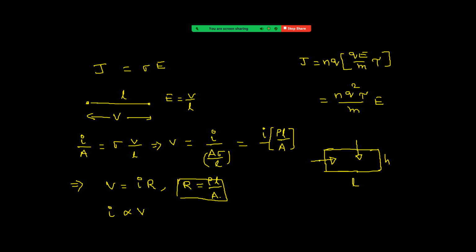In this, if current flows from left to right, this is L and this is the cross section area, which becomes B into H, right? If current flows from top to bottom like this, H becomes the length and the area becomes L into B. So we should be very careful while calculating resistance.